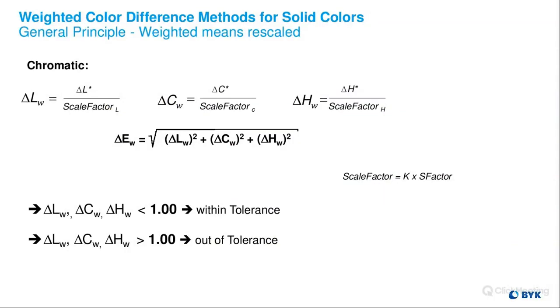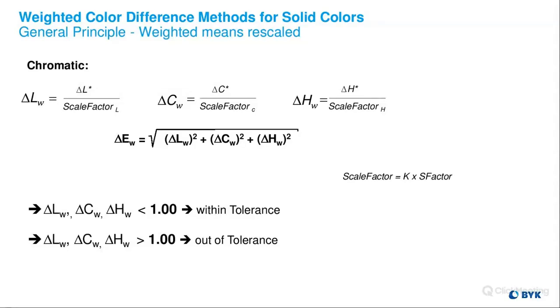So when we talk about weighted color systems, you're basically taking the delta L star, delta C star, delta H star, and you're dividing it by a scaling factor. Sometimes people will set up their own scaling factors because they have history of a color, or you could use weighted color tolerancing that will give you the scaling factor automatically based on where you are in color space.